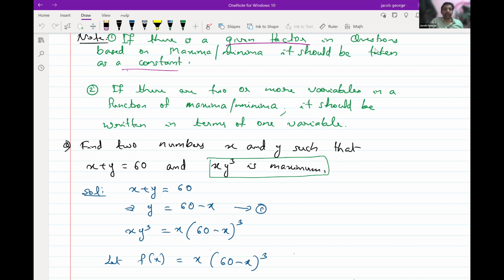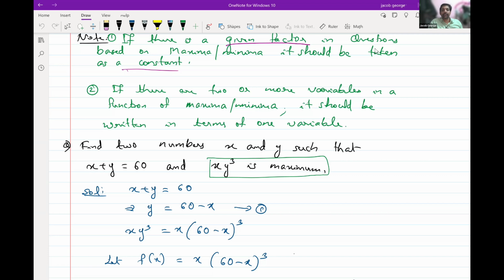So did you write till there? X plus y is equal to 60. Y is 60 minus x. Then xy cube is equal to x into 60 minus x the whole cube. Yes. So this is our function f of x.